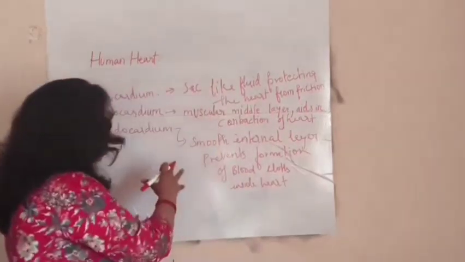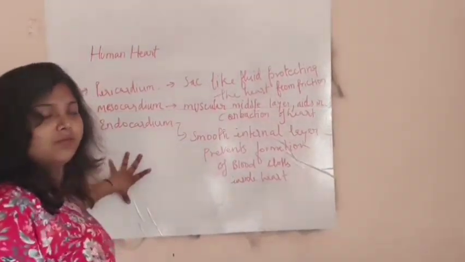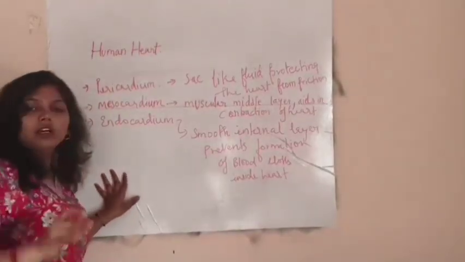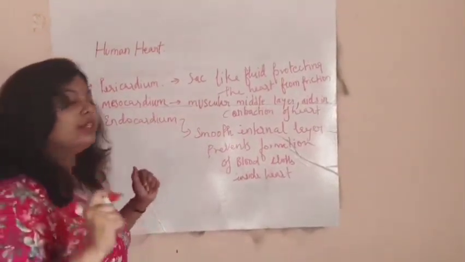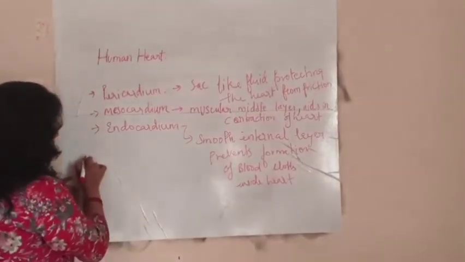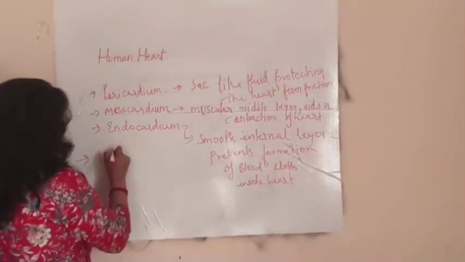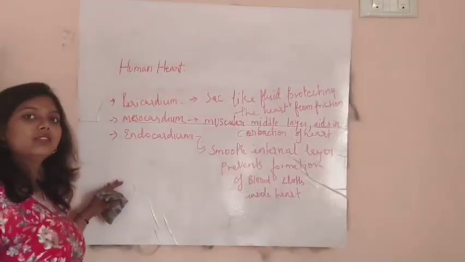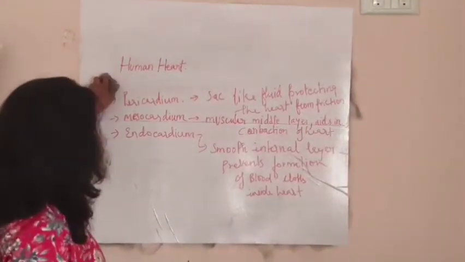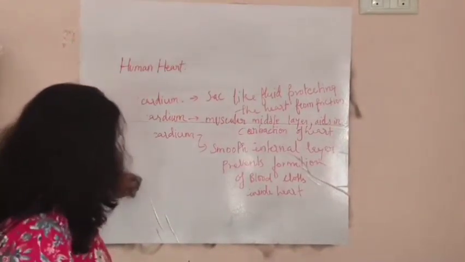Have we understood the three layers of the heart? Okay. Moving forward, a human heart is four-chambered. Okay, and it's basically divided into two sides, the left side. Hope you understand the three layers of the heart. Now, moving forward, a human heart is four-chambered.